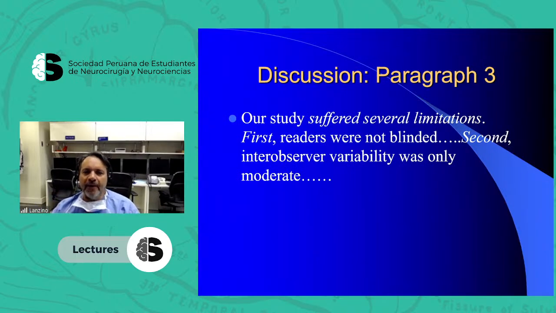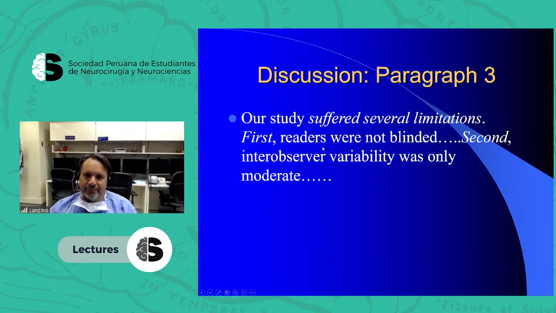Now, in paragraph 3, we list the limitations, and we say our study suffered several limitations. First, readers were not blinded. Second, inter-observer variability was only moderate. So you have to be honest in the limitation section, so that if a reviewer says, well, your readers were not blinded, you can, in a revision phase, say, yes, it is true, the readers were not blinded.